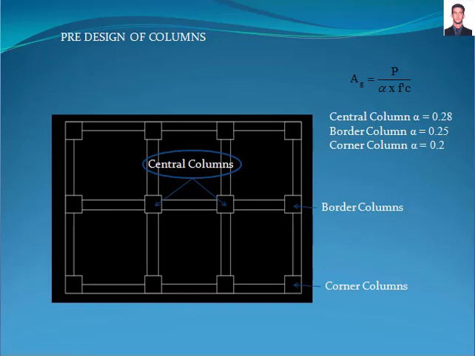For design of the columns, with dead loads and live loads defined, we proceed to calculate the cross-section area of the columns using this formula, where P is the axial load transmitted from the slabs to the column through a distributed area for each column. Alpha is a factor that depends on the location of the column, and its value is 0.28 for central columns, 0.25 for border columns, and 0.2 for corner columns.